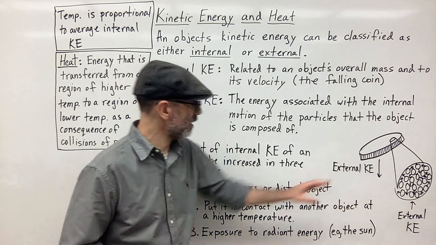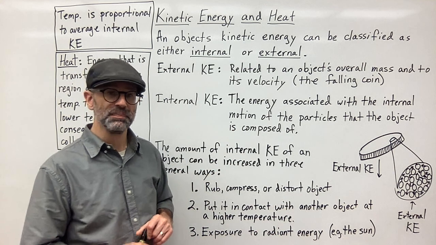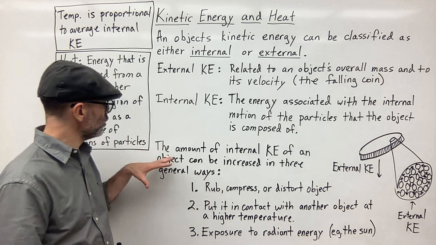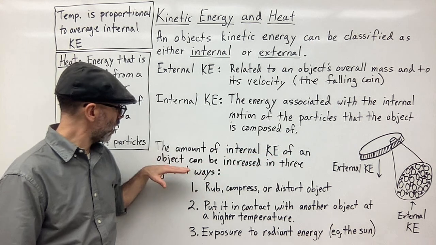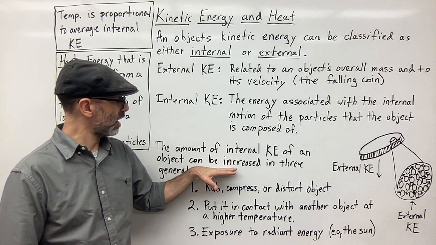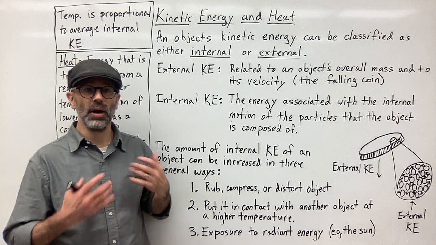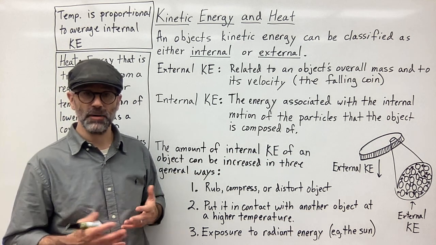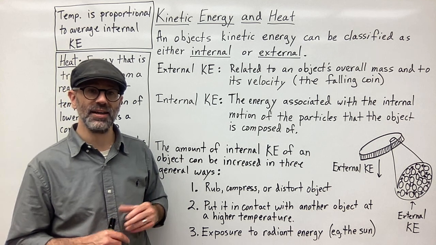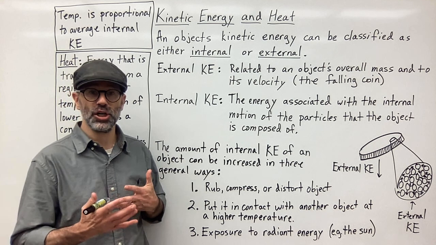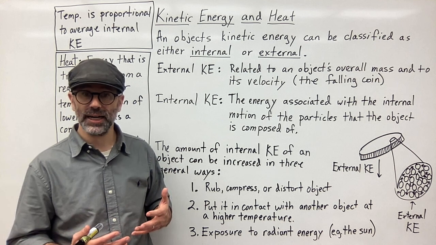Now that I've explained what we refer to as the internal kinetic energy, we need to know that the amount of internal kinetic energy of an object can be increased in three general ways. One of the things we have to remember is that there's a relationship between the temperature of an object and its internal kinetic energy.